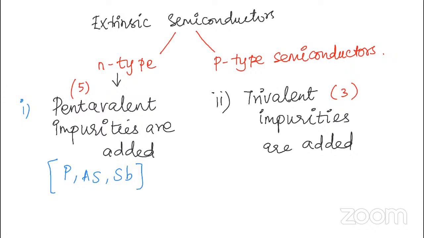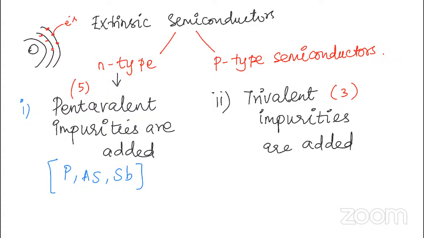Yes, of course, they are added to the valence shell. So here our atom shell is there. The outermost shell we name the valence shell. The atoms present in the valence shell are nothing but valence electrons, right?